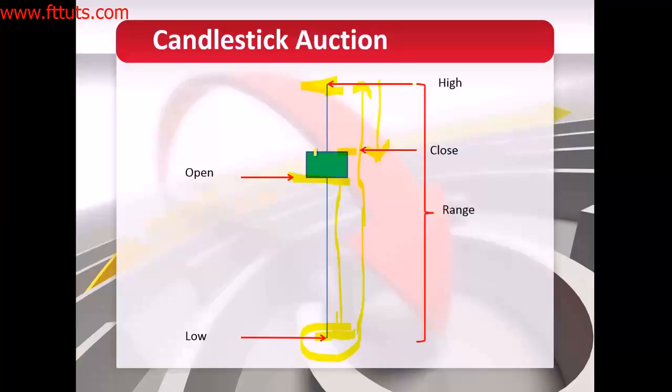After all, we did close above the open, and the extent of movement in the range to the upside was quite a bit higher, but there are sellers present in the market, and they did manage to push us back for a fair amount of the range that was covered for the session. So even though it does tell us the auction overall was bullish and the sentiment is bullish, we know that there are some sellers up in this area. That's about it. It just does not tell us much more than that.